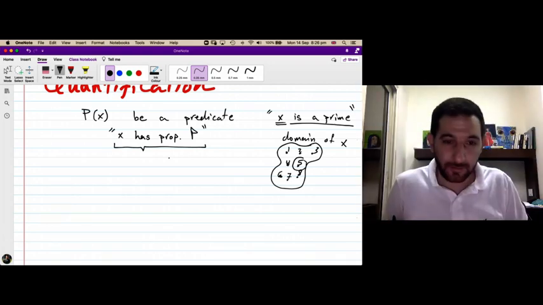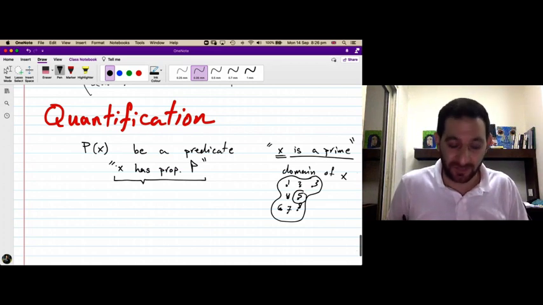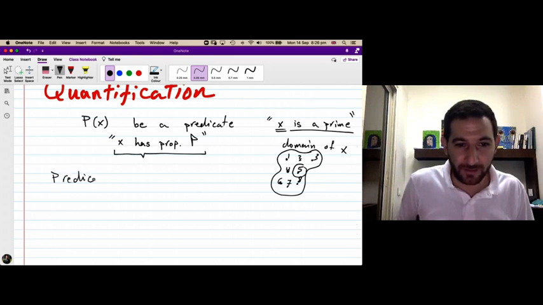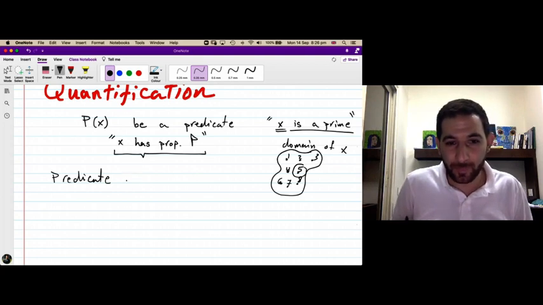Now, quantification gives us another way of making a predicate into a proposition. I just want to clarify, we have a predicate and we can make it a proposition in two ways.